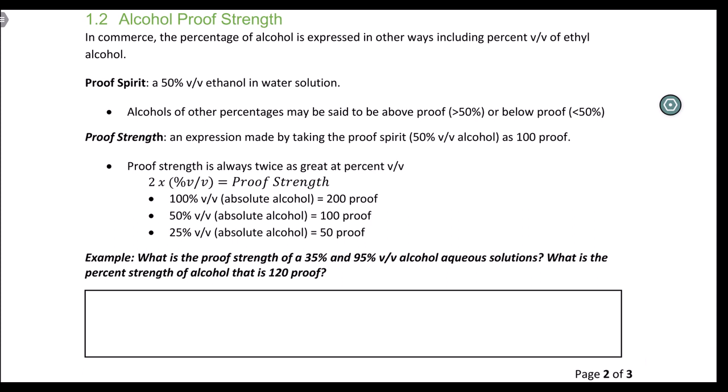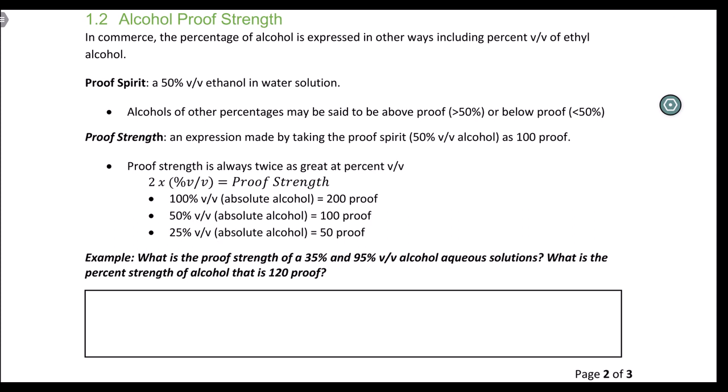If somebody says it's 50 proof, it's half of that, or 25% volume. You can go the back way. If you see a bottle that says it's 25% volume of alcohol, multiplying it by 2 will give you the proof strength, which is 50.